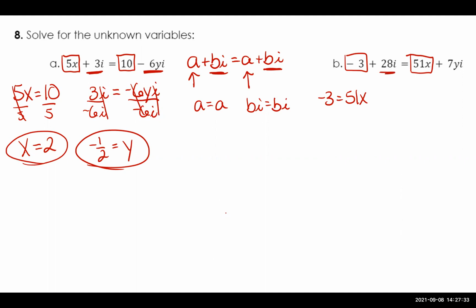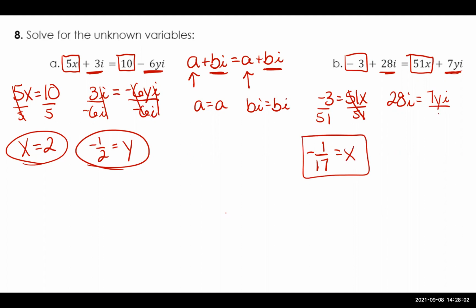Then we want the imaginary equal to the imaginary. So we'll have 28i equals 7yi. So solving for x, we want to divide both sides by 51. So we get a negative 1/17, because 3 divided by 3 is 1, 51 divided by 3 is 17, and that equals x.